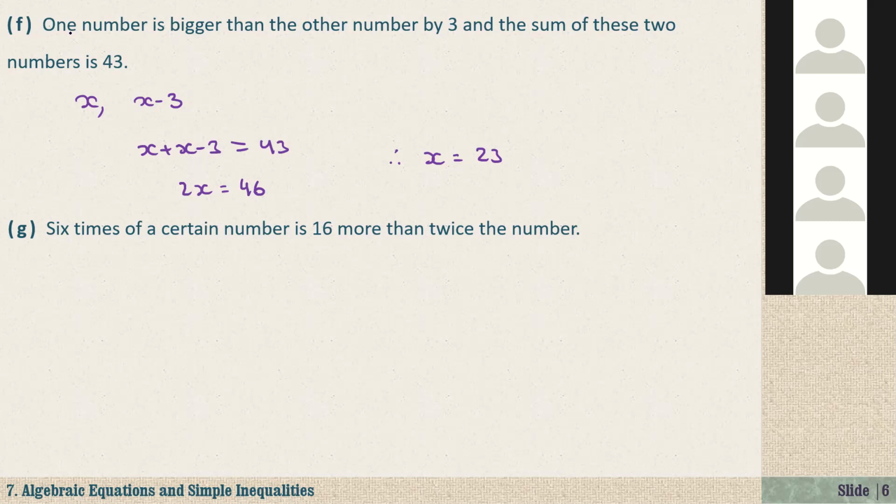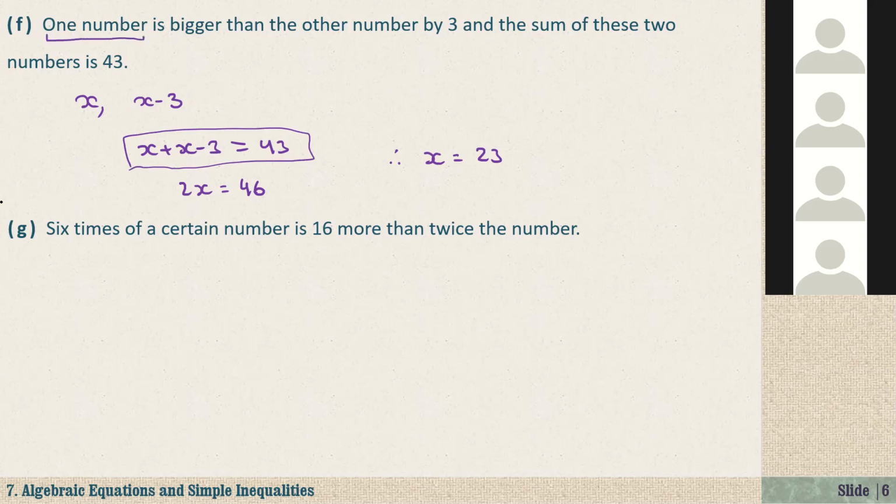Because the sum of these two numbers, 23 minus 3, will give us x. Actually, Rahim, the question is just that we need to write the equation. We don't have to solve this. But if we solve it, we need to find this one number. It's saying one number, right?